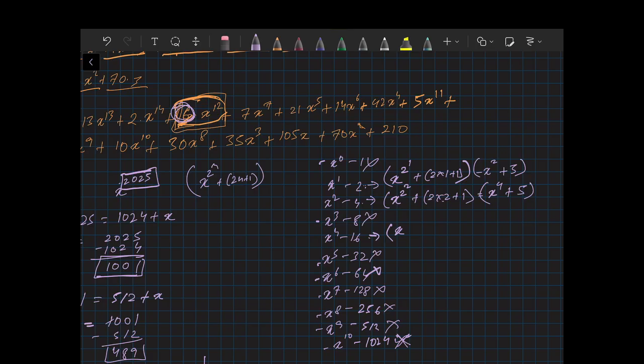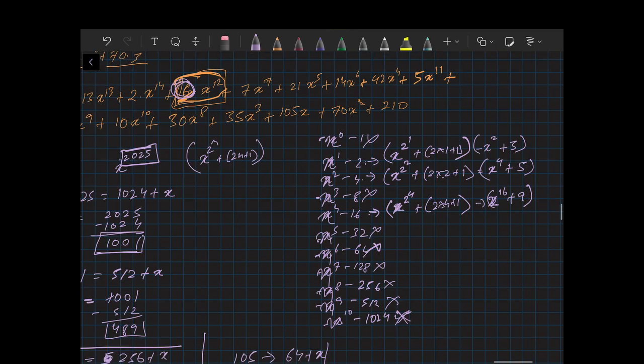Actually these numbers are not x, this should have been n. That's what was confusing me. But anyways, similarly 2 to the power 4, 2 times 4 plus 1, which is x to the power 16 plus 8 plus 1 is 9. So these terms are remaining.